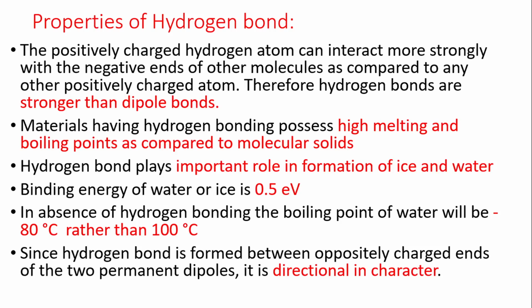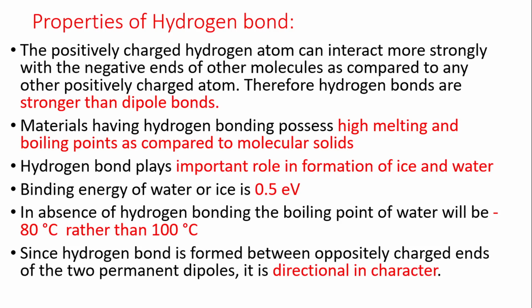When the positively charged hydrogen atom interacts with the negative end of the other molecule, it is a very strong interaction, compared to any other positively charged atoms, because any atom other than hydrogen will have a shielding of electrons.